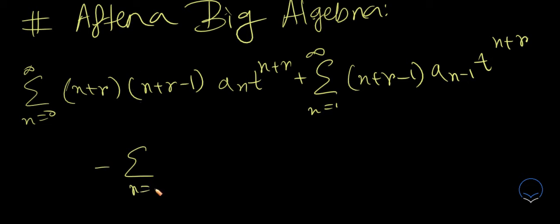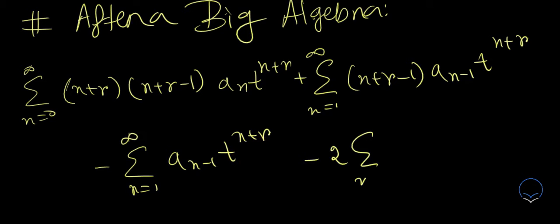So this is starting from n equals 1 to infinity, a_(n-1) t to the power n plus r, minus 2, the sum from n equals 0 to infinity of a_n t to the power n plus r, equals 0. And now you have to simplify all these things again.